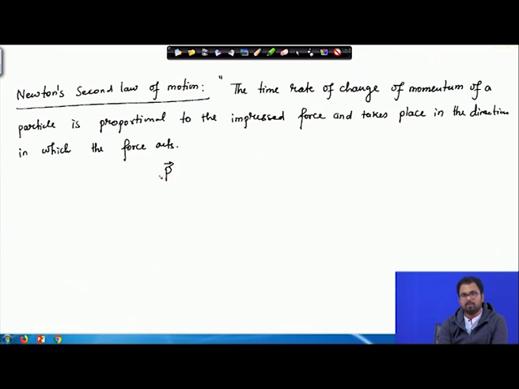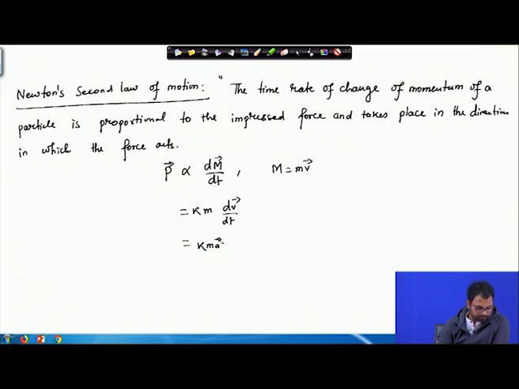That is why P is chosen as a vector, and it is directly proportional to the momentum, which is m times v. So, I can change this proportionality to a constant k times m dv by dt, the rate of change of velocity, and I can write this as k m a, where k is a scalar constant of proportionality, m is the mass, and a is the acceleration.